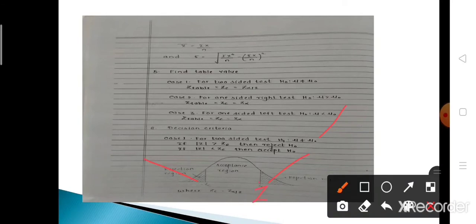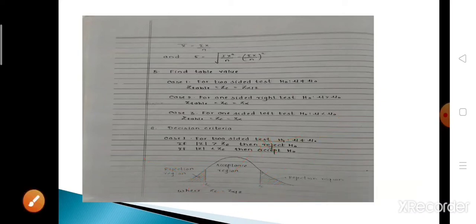So here the critical value is Z alpha by 2. Write down the positive Z alpha by 2 value to the right side and the negative Z alpha by 2 value to the left side. This region is nothing but the rejection region. Greater than Z alpha by 2 is the rejection region, and the middle part is acceptance region.